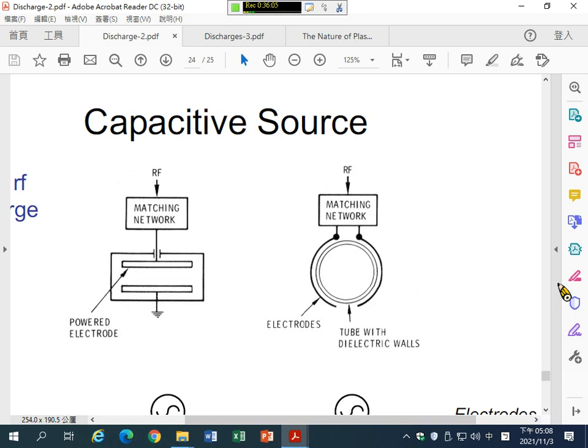You can place the electrode outside the system, and then through the quartz tube, the surface of the quartz tube charges up negatively and positively, and then generates plasma. Okay, since the electrode does not contact the plasma, sometimes we call this electroless discharge.